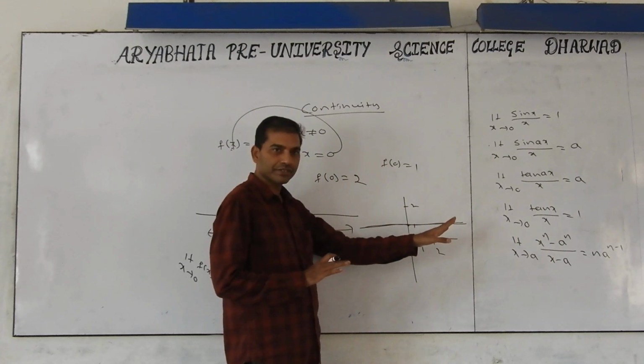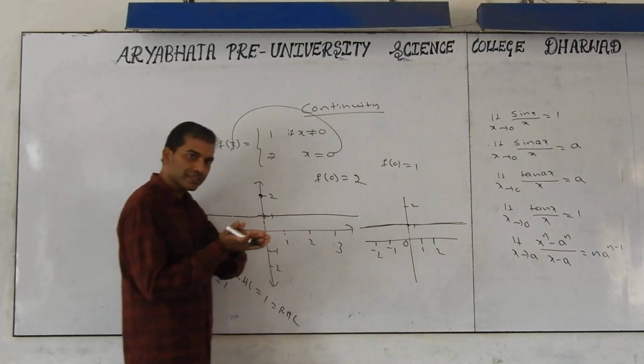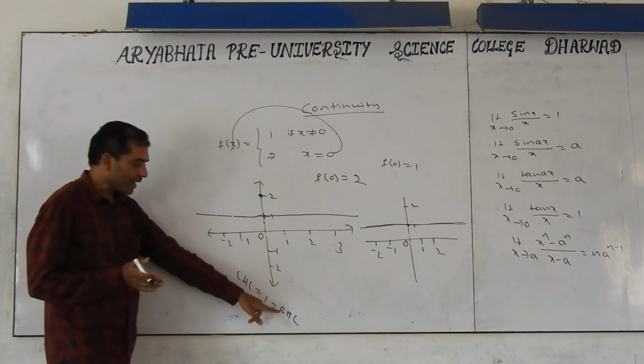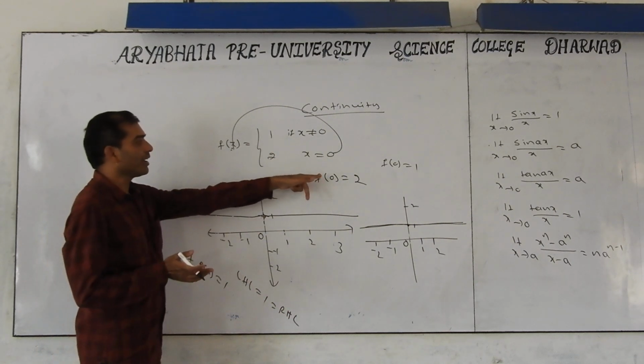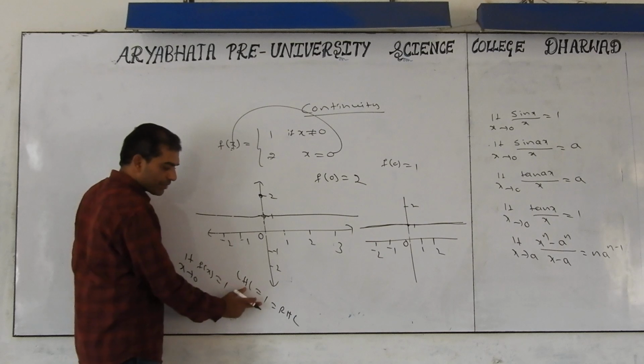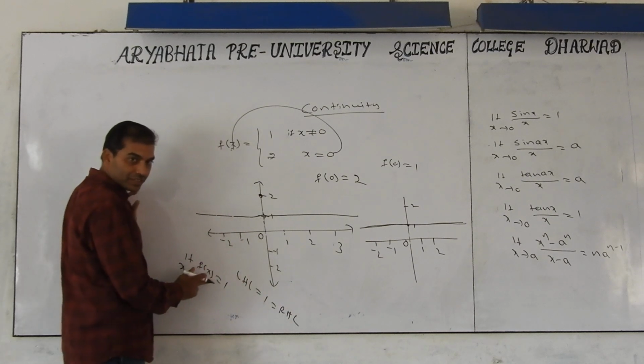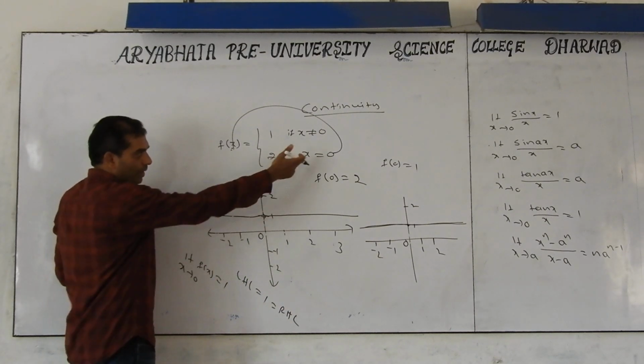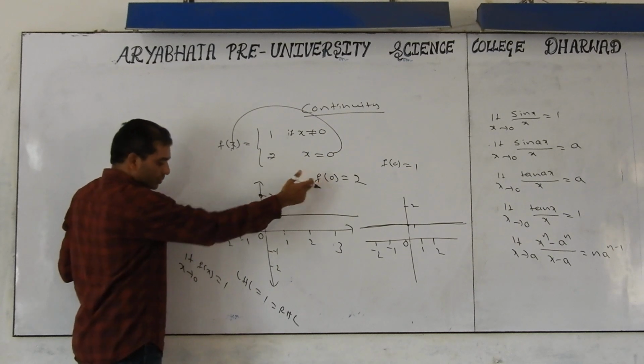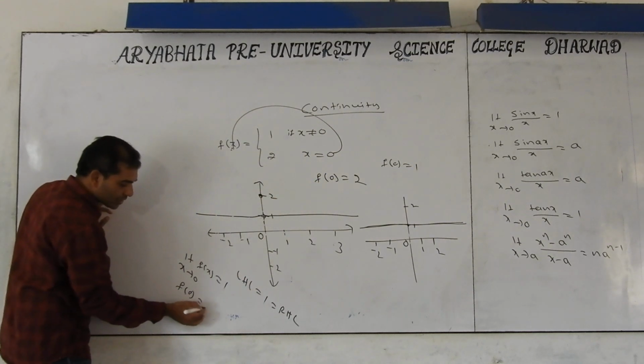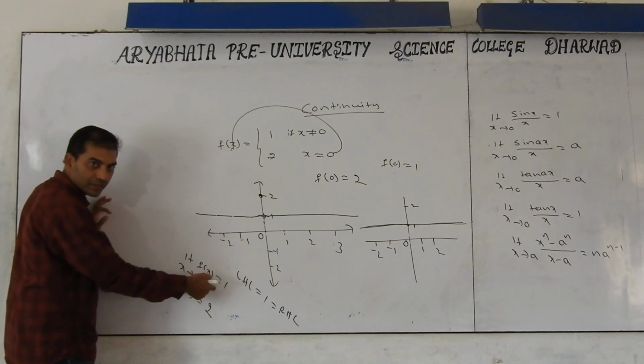So when there is no break, the left limit and right limit equal the function value. Here the left limit is 1, the right limit is 1, the limit exists, but the function value at 0, f of 0, is 2. Both are not equal.